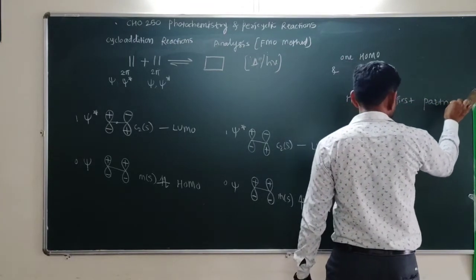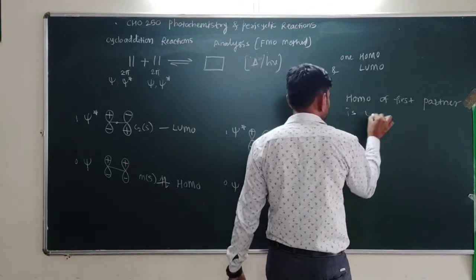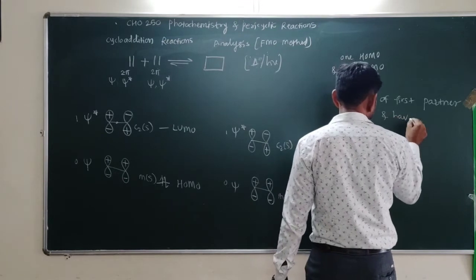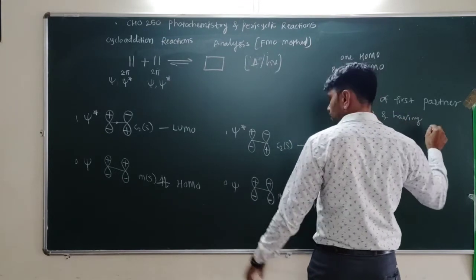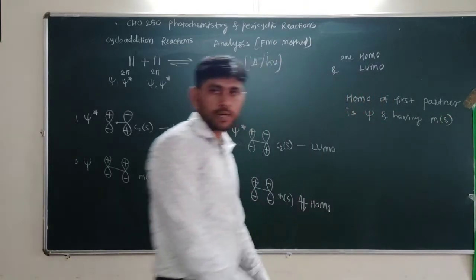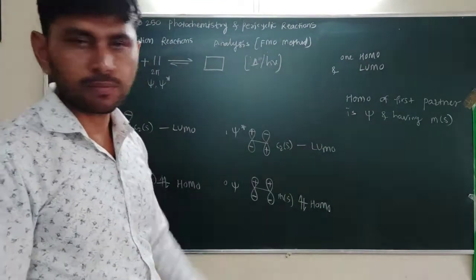The HOMO of the first partner is psi, having M symmetry.